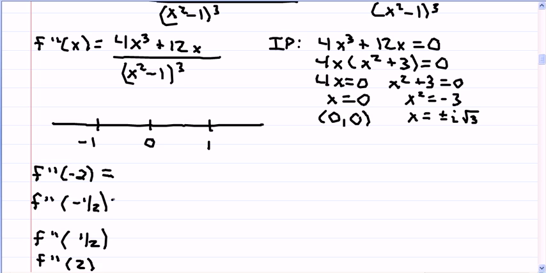And again, we're not looking for the value, but rather if this is positive or negative, so we know if it's concave up or concave down.